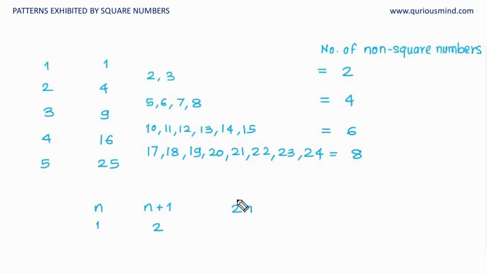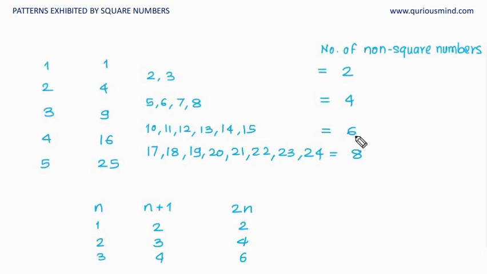Then the non-square numbers were 1 into 2, 2. When n was 2, n plus 1 was 3. The non-square numbers between their squares were 2 into 2, which is 4.